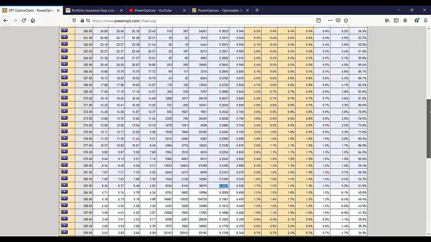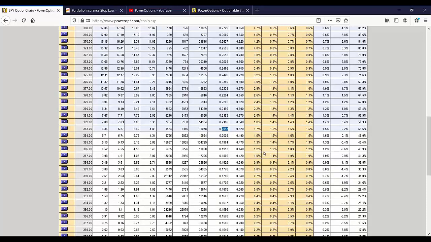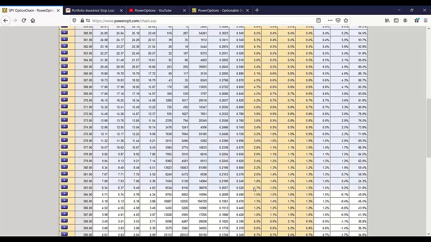SPY 383.63. The implied volatilities in the money are above the 0.20 that we were looking for, Robert. 0.2106, 0.205, that's great. What do I not have? That 3% return and 3% downside protection. If I go down to the 3% downside protection in the money at 376, implied volatility we wanted, but probably not the historical volatility.